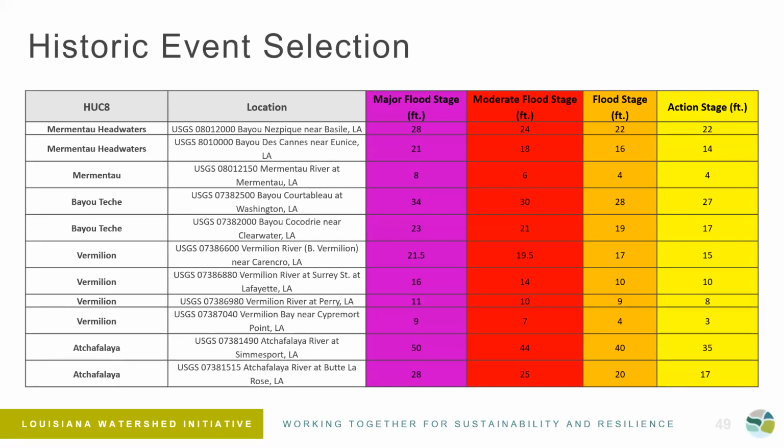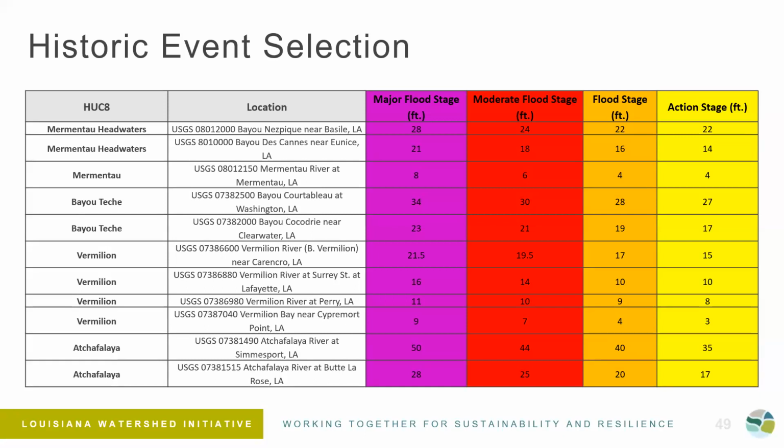You can see on this slide all the USGS gauge locations throughout the watershed that have some National Weather Service AHPS flood stage related information. The colors on the right are the flood stages that the National Weather Service uses, ranging from major flood to action stage.